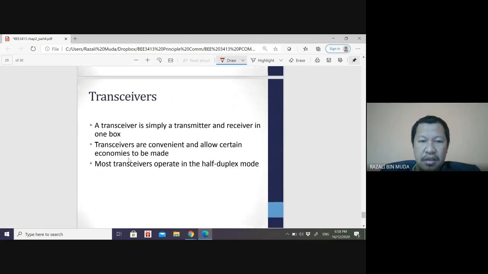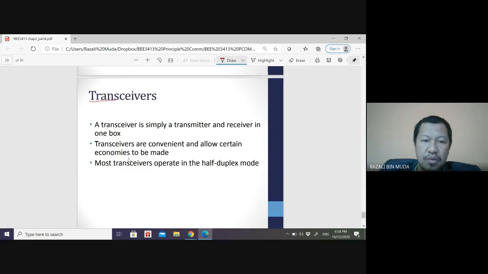Next is the transceiver. What is a transceiver? It is a combination of transmitter and receiver. A transceiver is simply a transmitter and receiver in one box, one piece of equipment which can function as both.